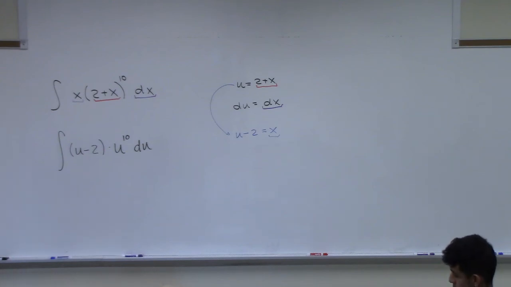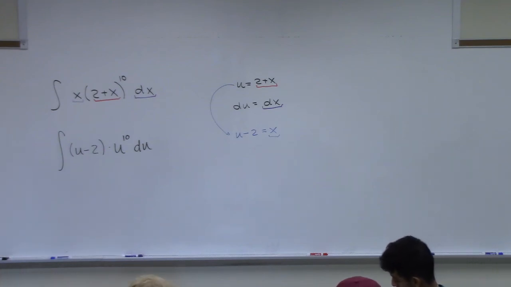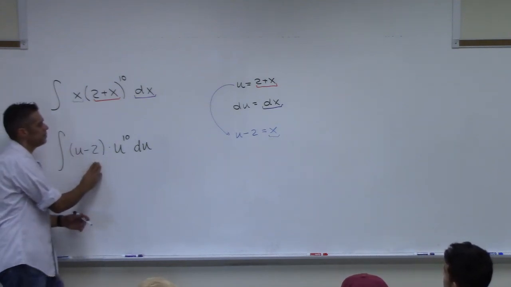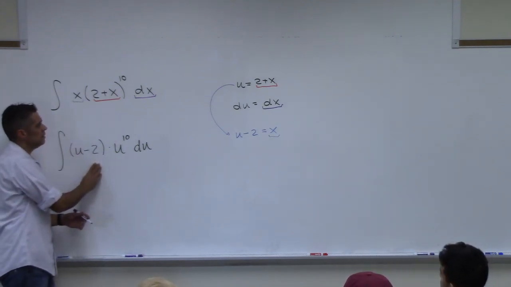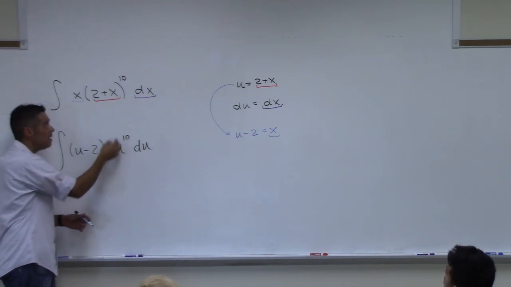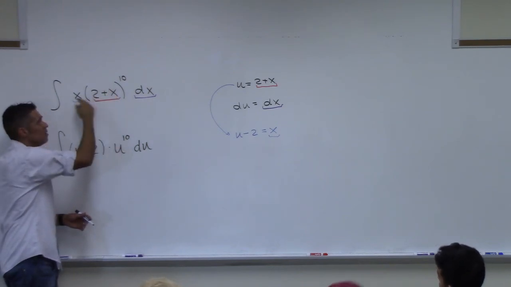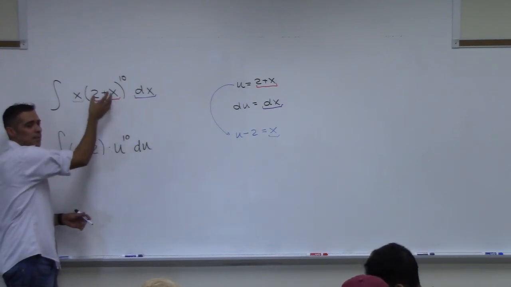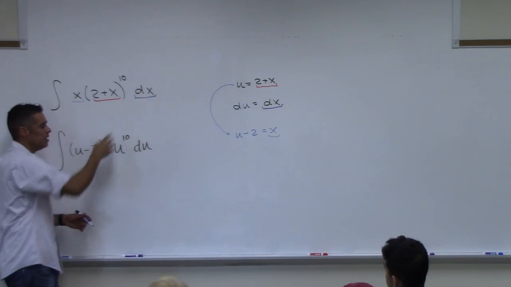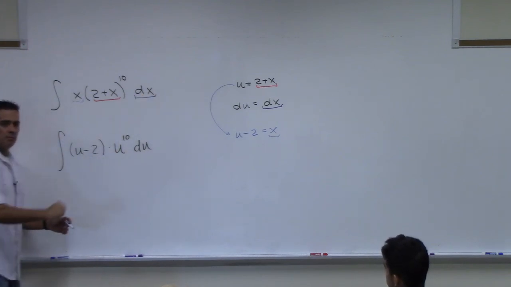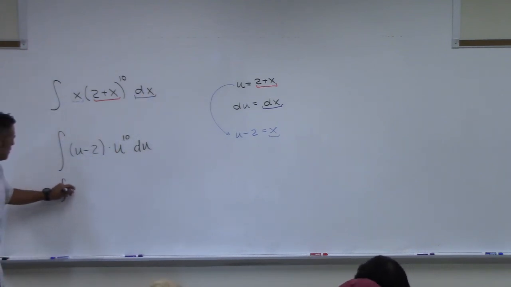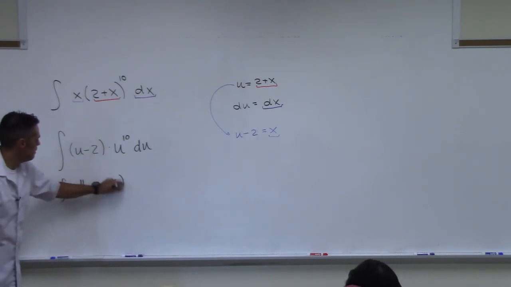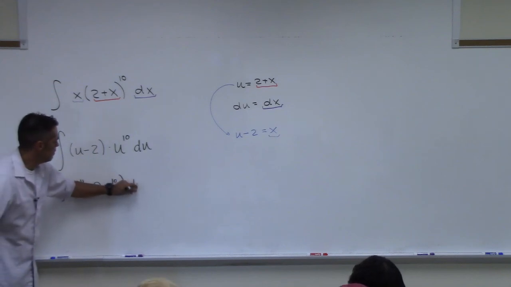Now, did that make it any better? What's the big difference between these two? Yeah, the power here is just on u. Here the power was on a binomial. So the only way to go about trying to do that without any technique is to expand that binomial, 2 plus x, 10 times. Here, we can just distribute that through, right? So we get u to the 11th minus 2u to the 10th du.